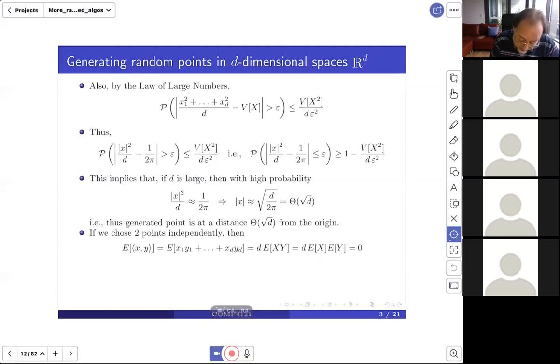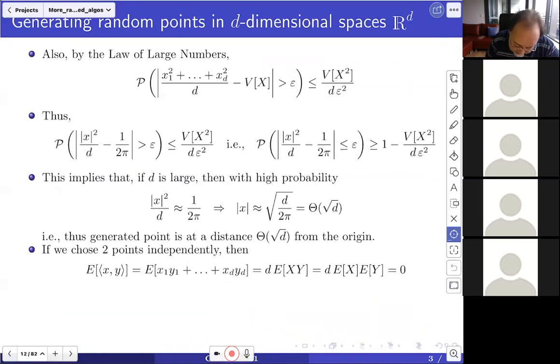What is also true? Now assume that you generate 2 vectors like that, independently, and you find their scalar product. The expected value of the scalar product will be just the product of pairwise coordinates, but they are all equally distributed.